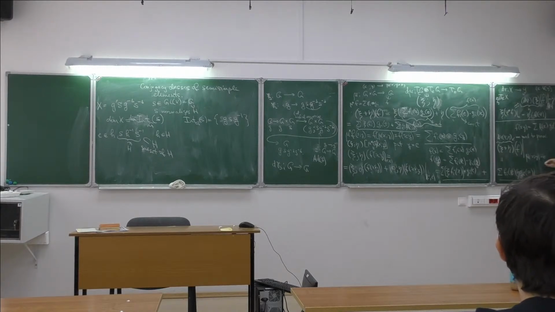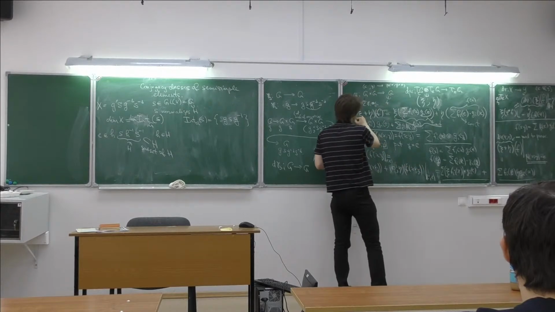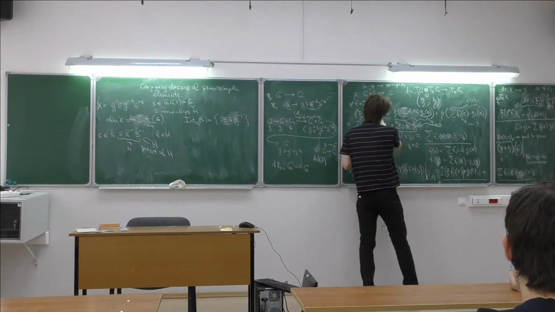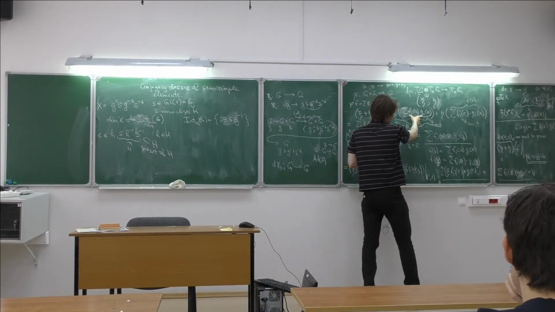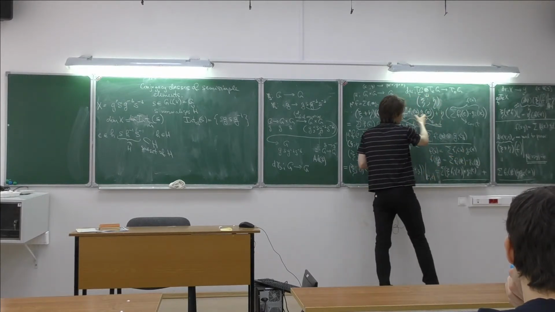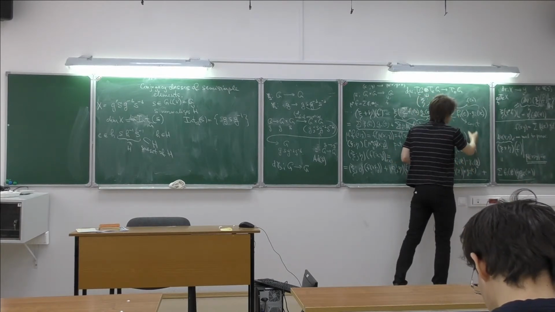Thinking of xi and eta as the corresponding vector fields, I can substitute the function f of x here via two formulas. One using the first formula, and the other part where you apply eta, I use the second formula.